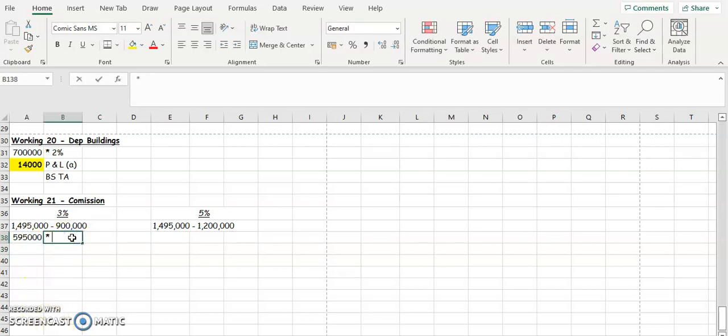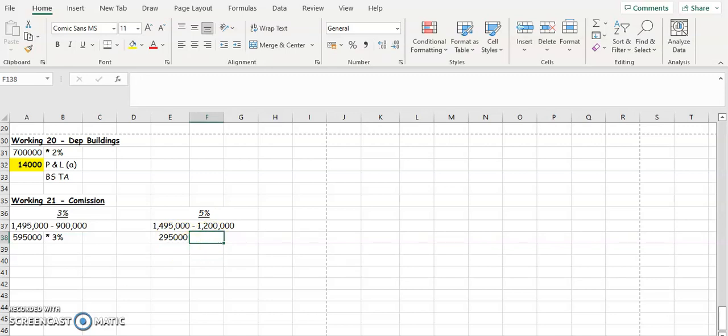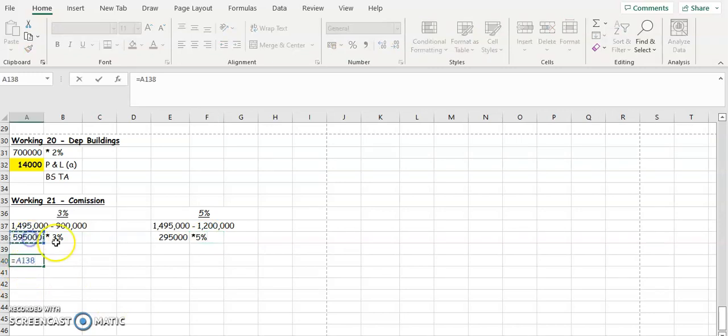That's going to be multiplied by 3%. And then for the 5%, the difference between 1.2 million and 1,495,000 is 295,000, which is going to be multiplied by 5%. So 595,000 multiplied by 3%.